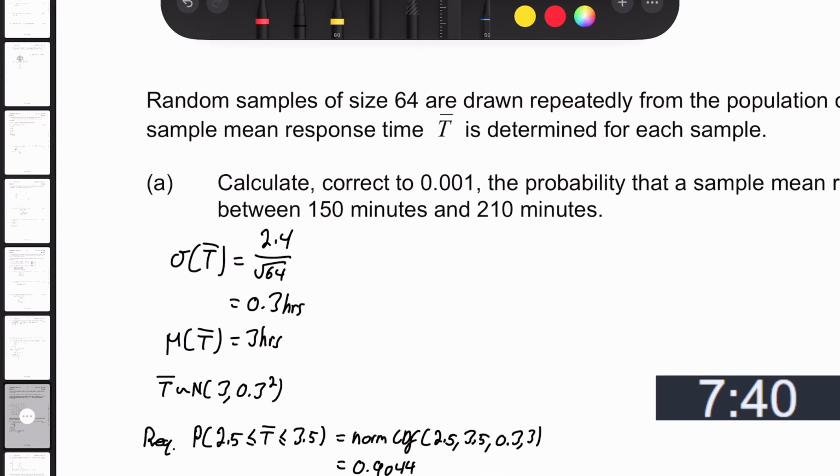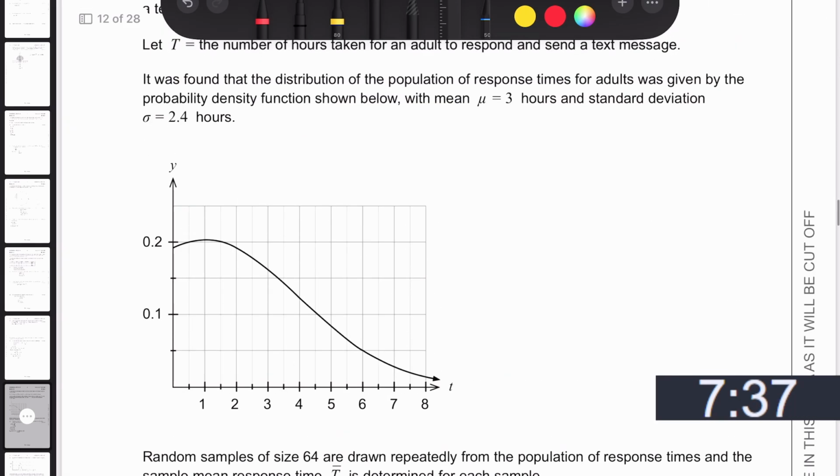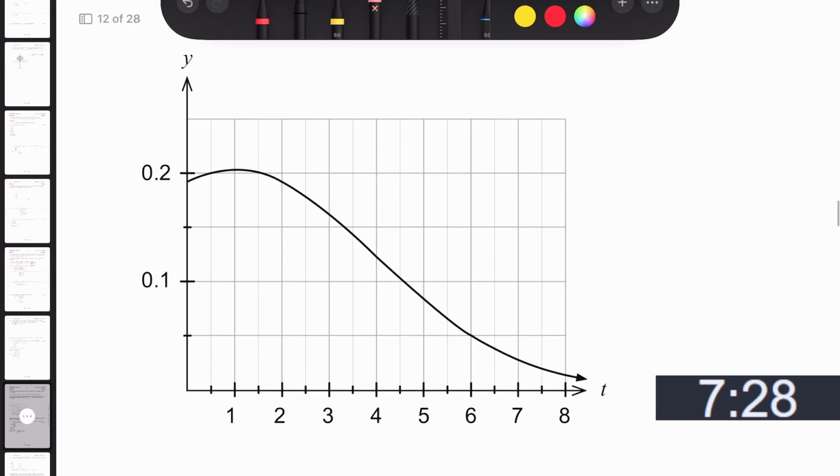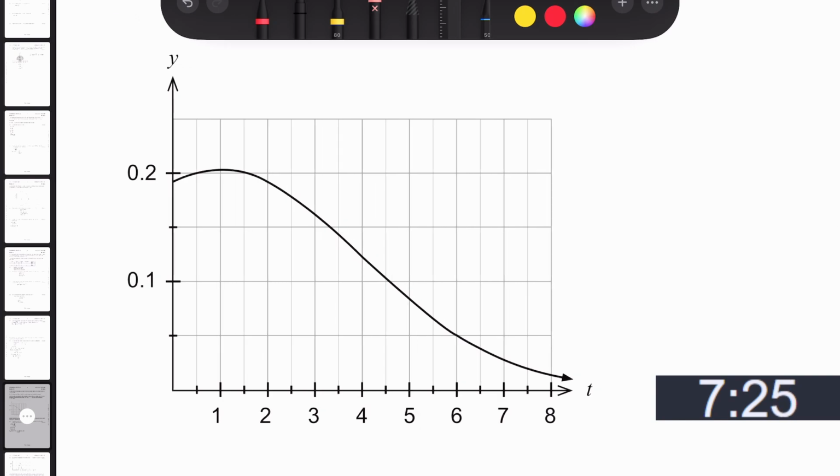Sample deviation is 0.3. Two times 1, 2, 3, 4. 0.2 plus 0.175 plus 0.15, 0.1, 0.75, 0.5.